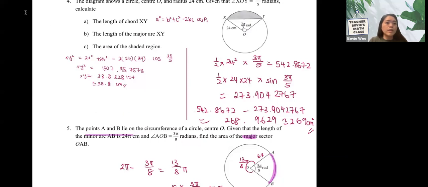Okay, I've already sent the notes inside the group chat. Please go and take a look, print it out if you need to. Then help me finish up question 1 and question 10 of the radian measures today. Homework, question 1 and 10 of radian measures, arc length.